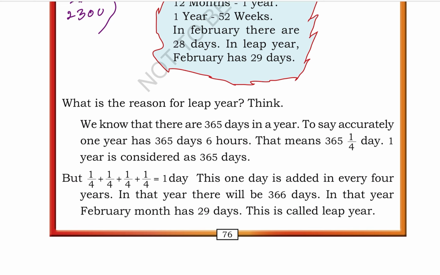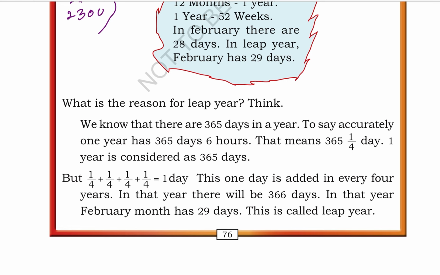We know that there are 365 days in a year. To say accurately, 1 year has 365 days and 6 hours. But we will not say those 6 hours. That means 365 and a quarter day.